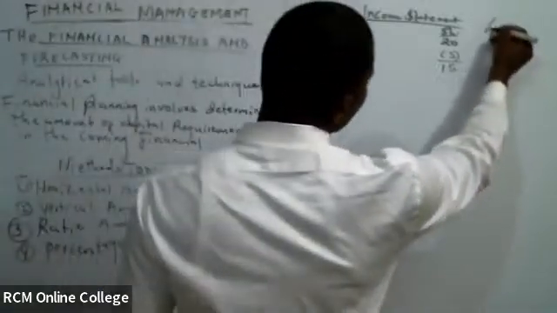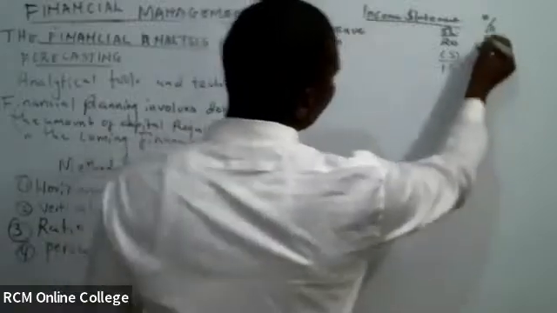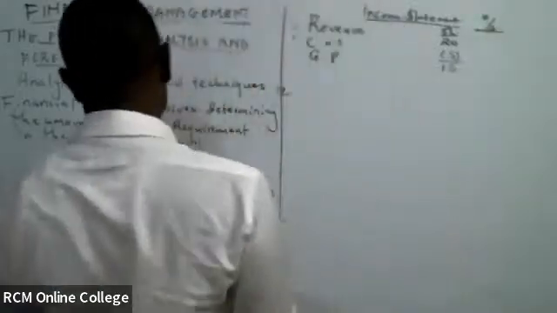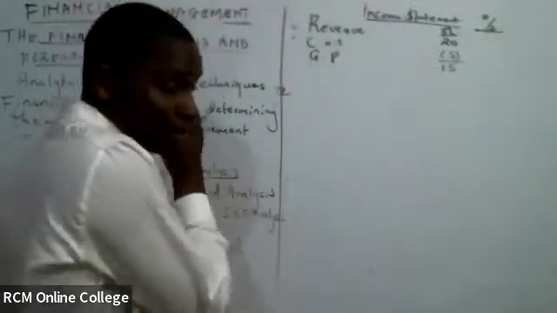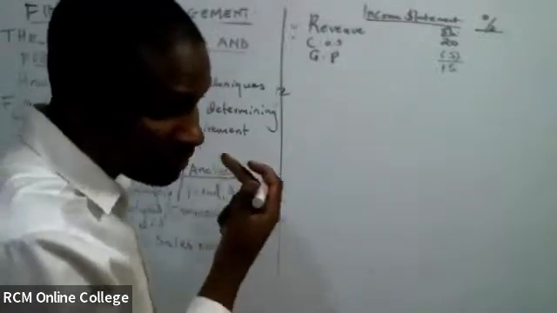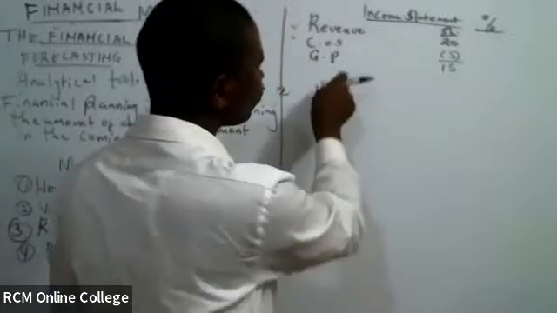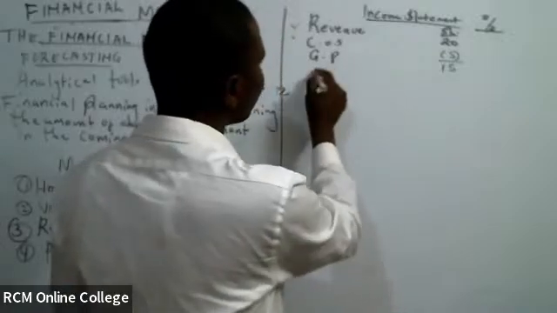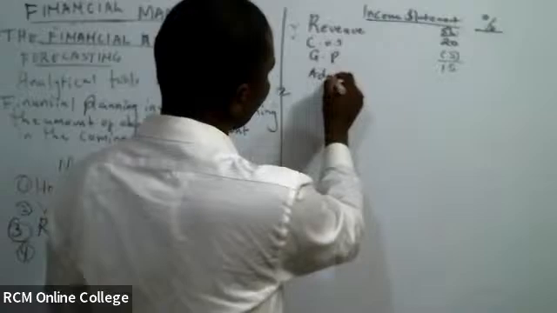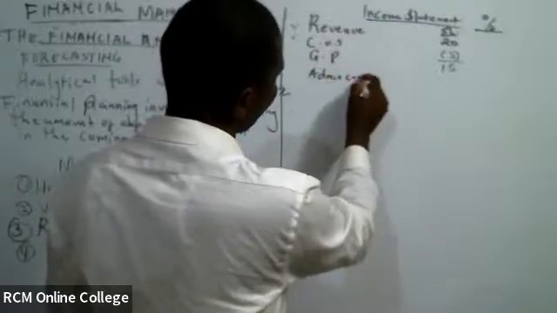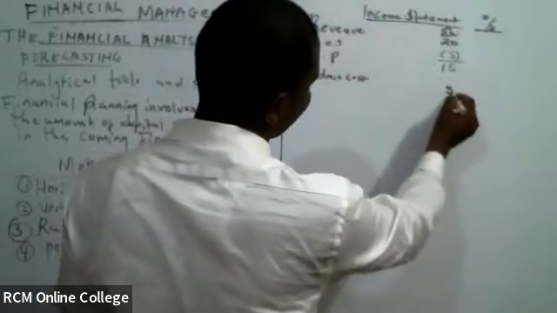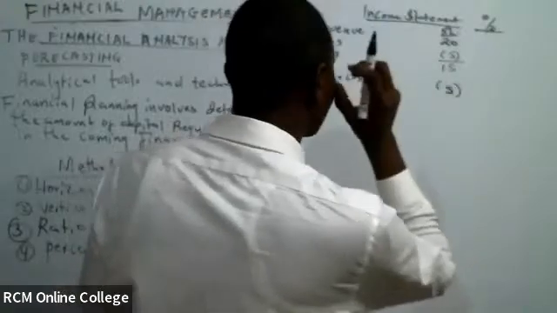So if I want to analyze this using the percentage of sales method, the common size analysis, I'll express every item as a percentage of sale. This is just to mention a few. I can have admin expense or cost, maybe of 5.